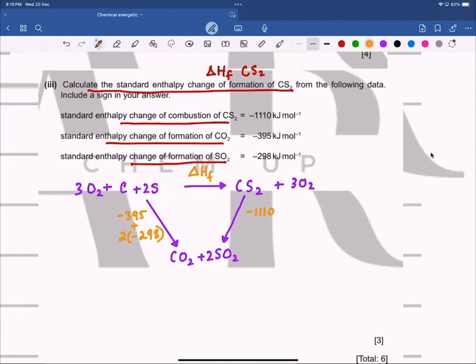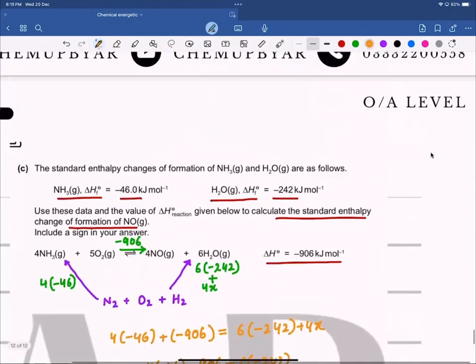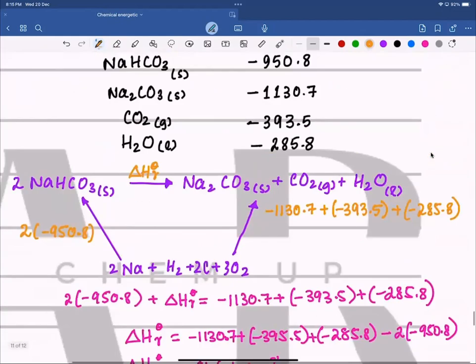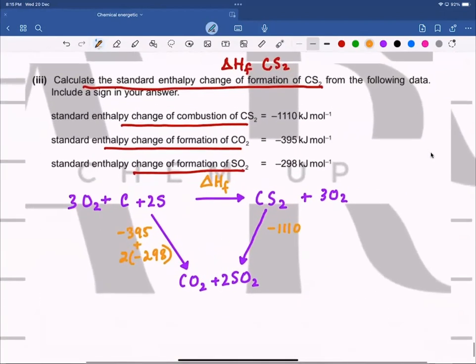Now if you see the arrows, these arrows are exactly opposite to the arrows which I drew in the Hess cycle and which you guys drew in the previous class, isn't it? Yes, sir. Okay, now if you see this Hess cycle closely, can you identify which one is the direct route now? The left one.